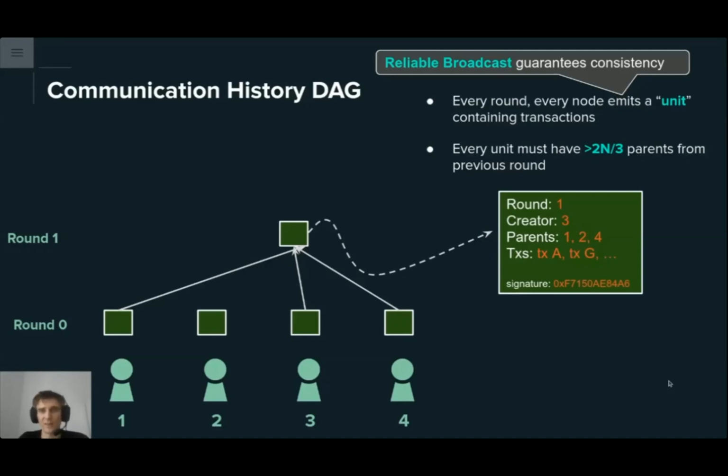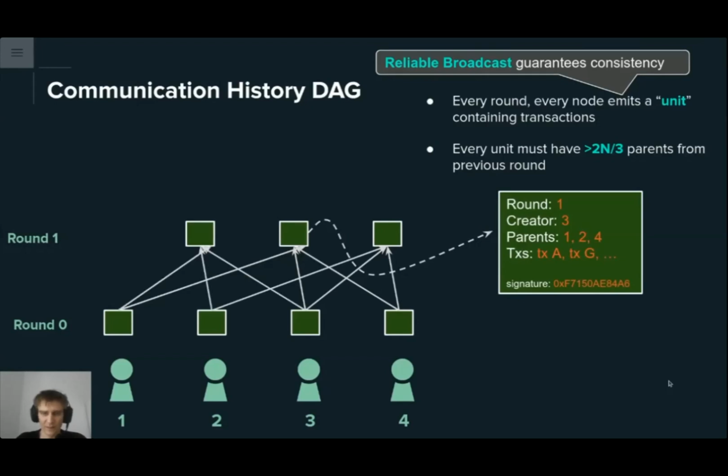Okay, so this is the kind of reliability I would like to achieve. And how to achieve such reliability is a different problem. It's a simple idea called reliable broadcast. Okay, so I'll not talk about it. I will just assume that this reliability is there. Once a unit is produced, it will be received by all other nodes.